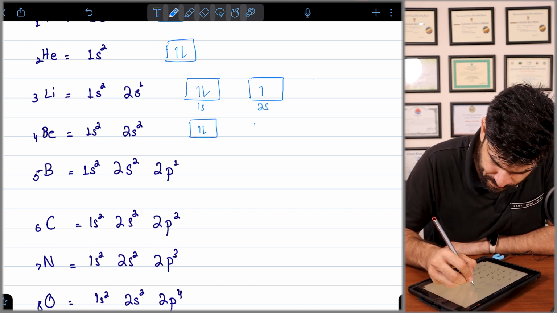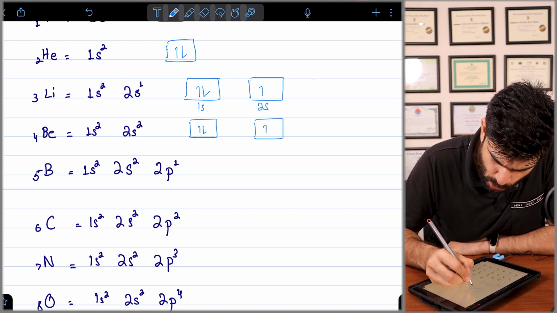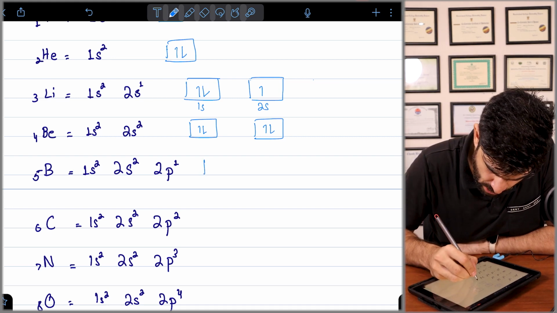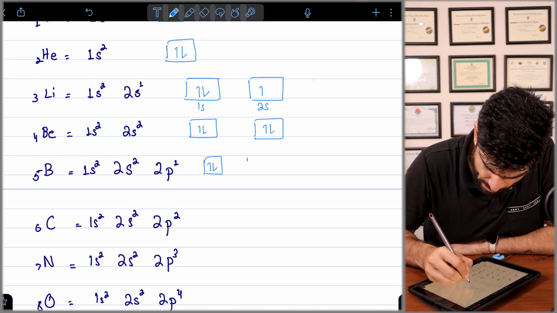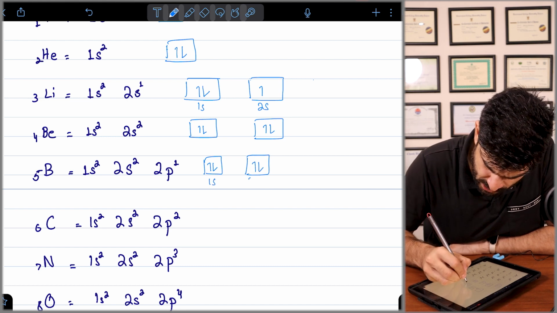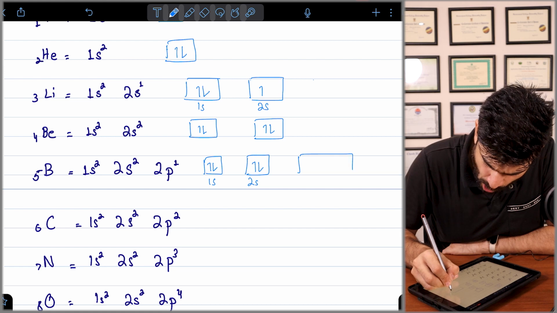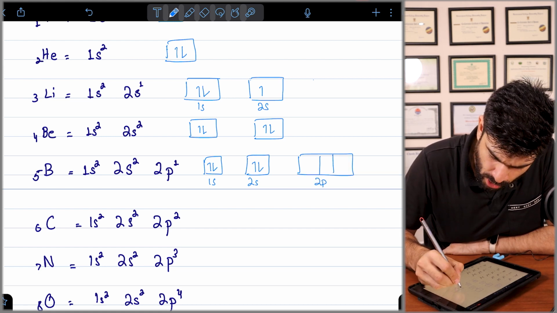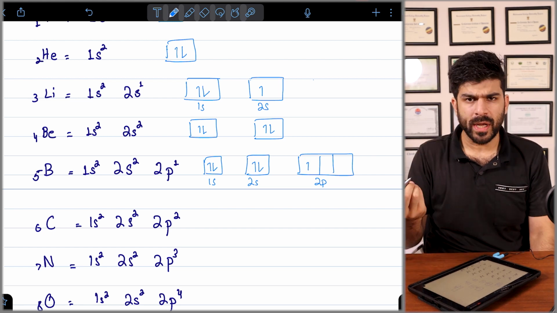This is 2s. For boron, the concept changes. This is 1s, 2s. Now we'll jump on to the p1. This is 2p. So boron, 1 electron will be added because just 1 is left.